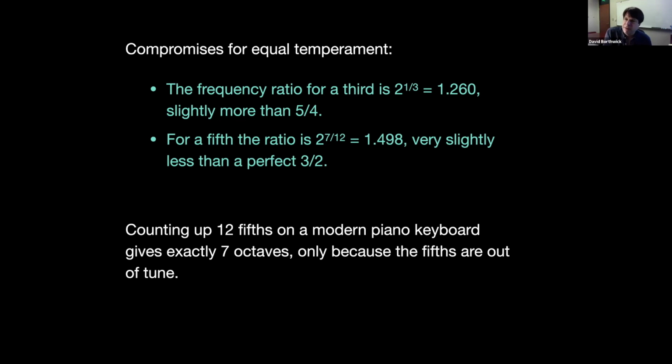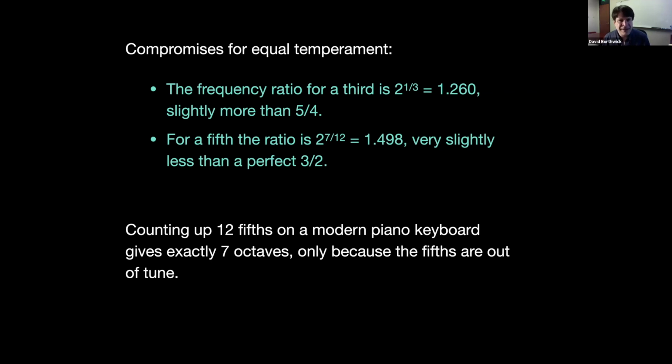The way that happens is that the fifths are all slightly flat. And so after 12 of them, you come up exactly 7 octaves instead of approximately 7 octaves. So we just shift the circle that Pythagoras constructed slightly so it actually does form a circle, at the cost of making it slightly out of tune.